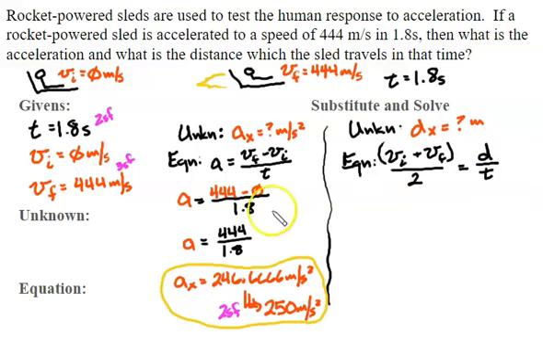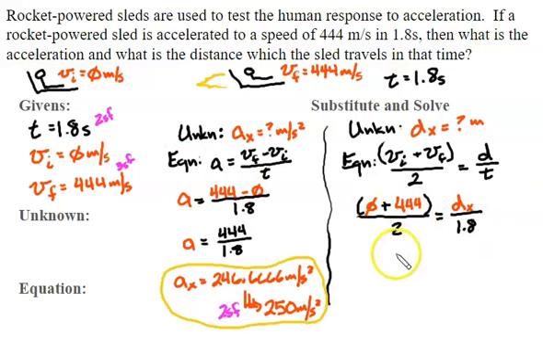So now if I replace letters with numbers, velocity initial is 0 plus velocity final is 444 meters per second. But I take that number and I divide by 2. And that equals, I don't know what displacement is, so I'm going to draw it again. This is displacement in the x, so I'm going to make it red. Divided by 1.8.